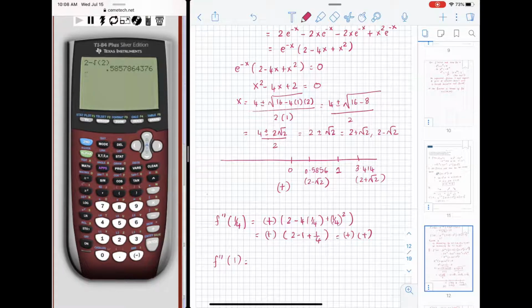I'm going to pick 1. e raised negative 1 is always positive, and I would have 2 minus 4 plus 1. So we have a negative number.